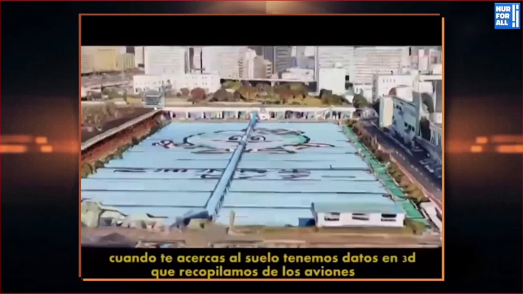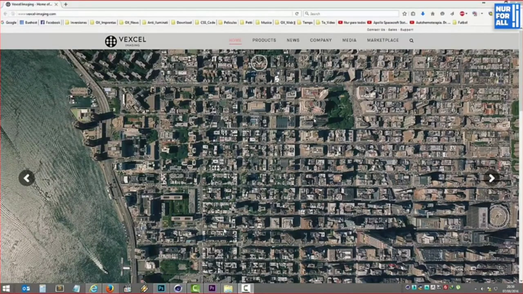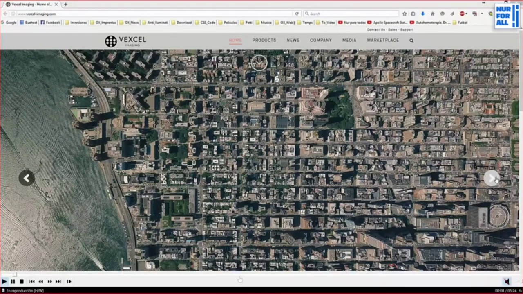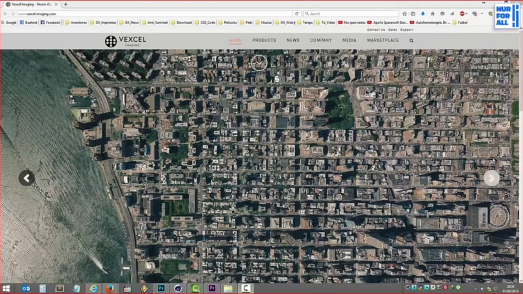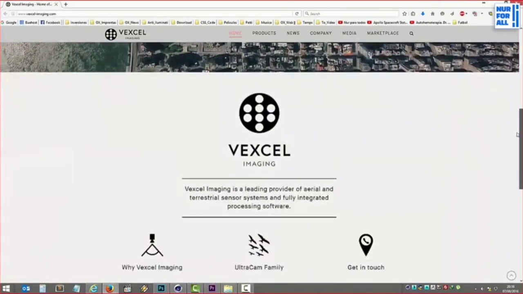But the most important company in the world is Vexcel, and Vexcel produces this amount of data with super high quality, with all the different data, for example, if you want to see the climate or the ground or the fields of the crops or whatever.